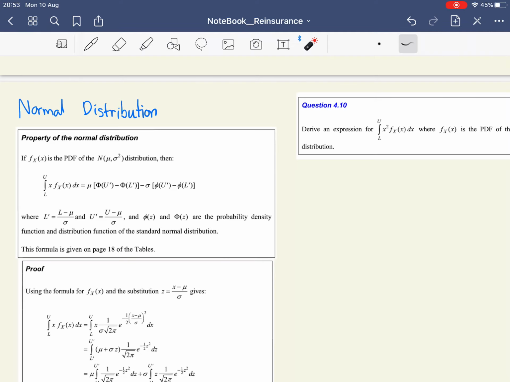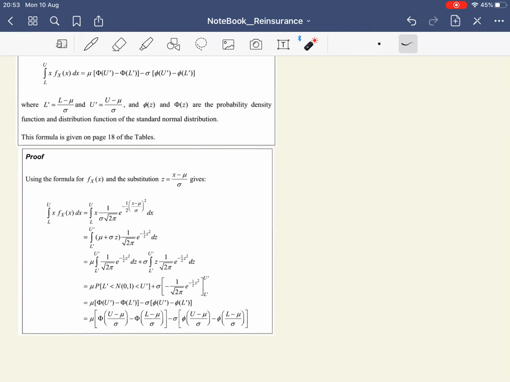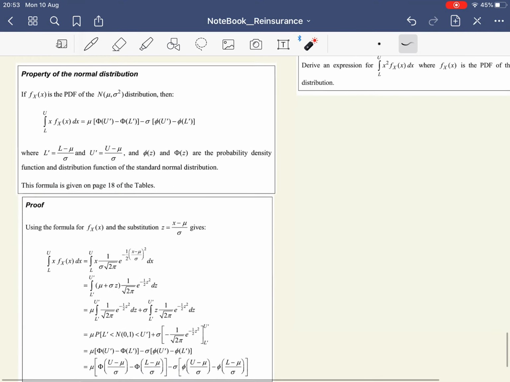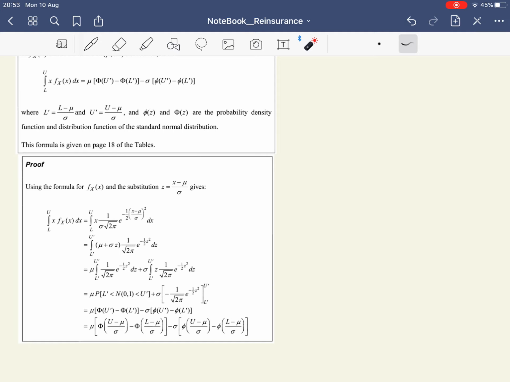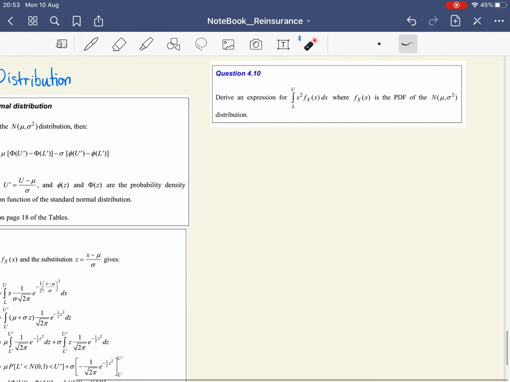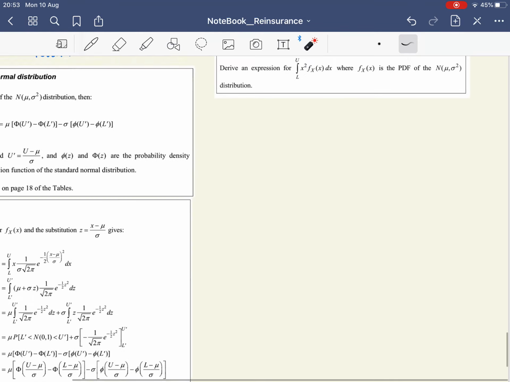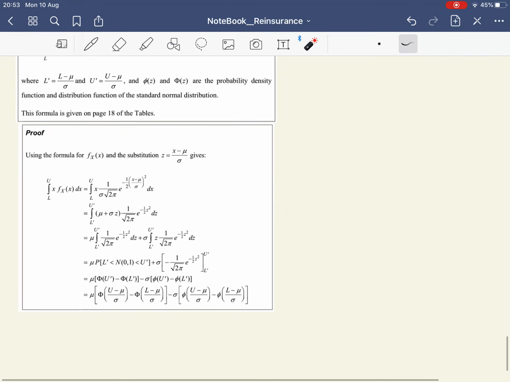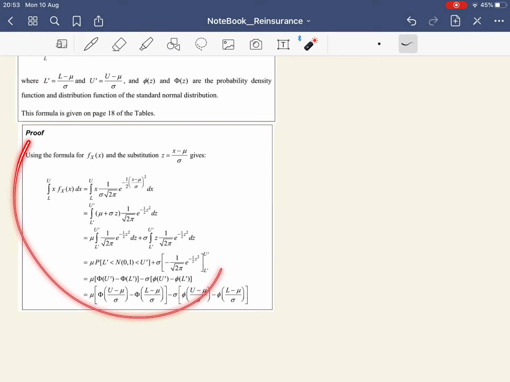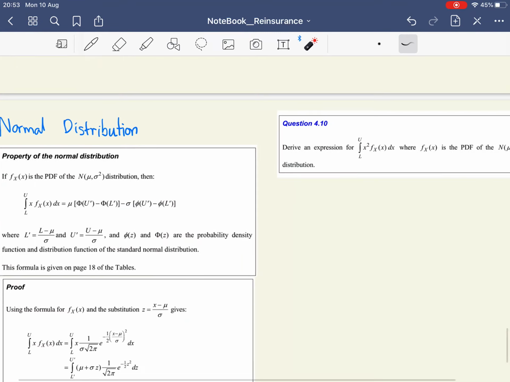It's not the same thing, okay? And here's the proof. I pasted it here in case you want to read how we get this formula and where it comes from. But I'm not going to talk about it, so you can read it, okay? But anyway, we work on something similar to this proof.